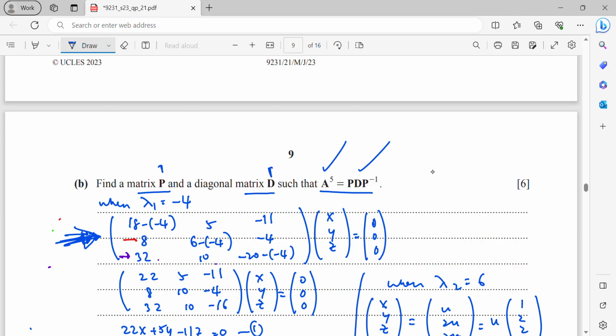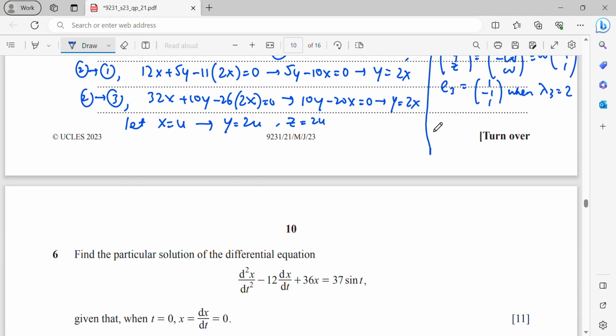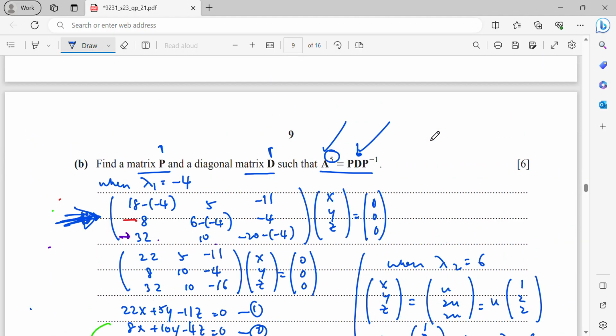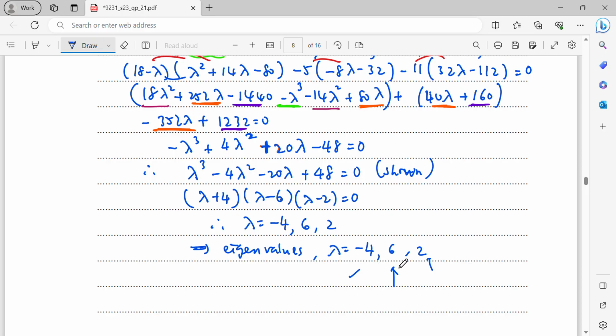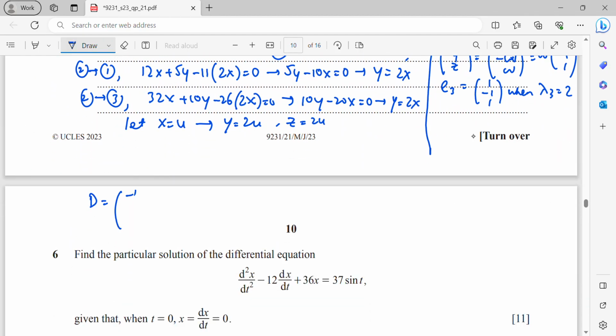So for your information, since this is degree 5, I need to consider degree 5 of the original matrix D. Alright, so now basically, because I don't have enough space, I will just show you here. So my D is basically degree 5 of my eigenvalues. So just now my eigenvalues, look at here, minus 4, 6, 2. So I will follow this sequence. It will be minus 4, 6, 2.